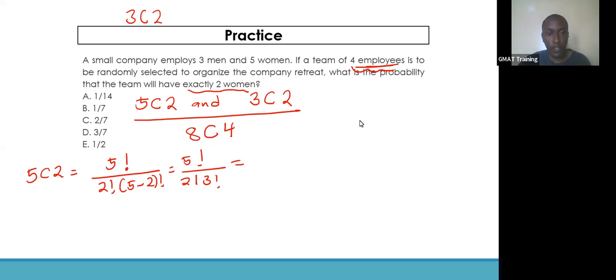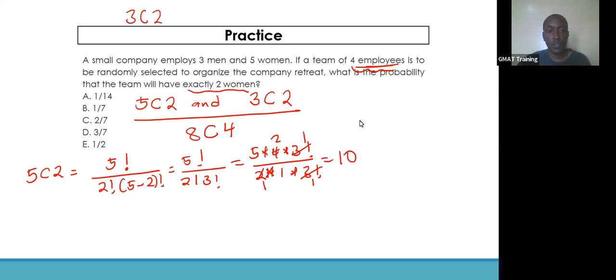So let's solve this. This is 5 times 4 times 3 factorial all over 2 factorial, which is 2 times 1, times 3 factorial. Cancel out the 3 factorials and you'll have a factor of 2 here and a factor of 2 here. So you have 5 times 2, that's 10. 5 choose 2, that's 10.